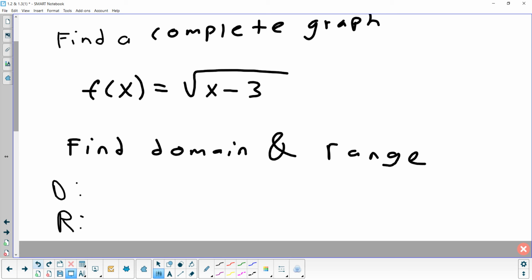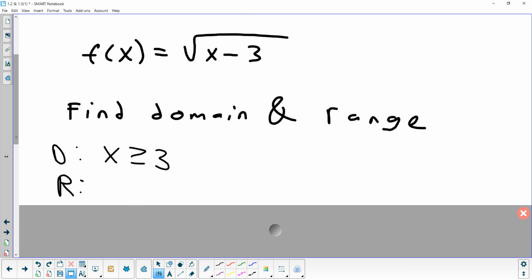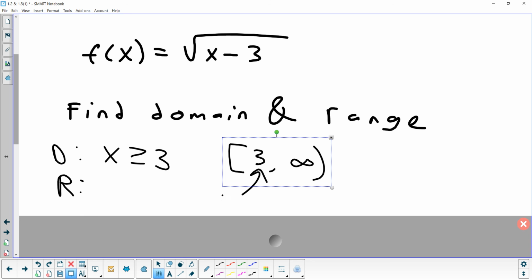There's 2 ways we can write that. You can pick any x value as long as it's greater than or equal to 3. Or, to use the bracket and parentheses the way we learned the other day, this is called interval notation. This is your low value, and this is the high.